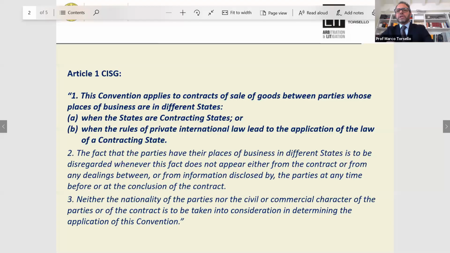It may be useful to pause briefly on Article 1, which is in slide number 2, which reminds us in Article 1.1, letter A and letter B, of the grounds for applicability of the CISG before national courts. But that is because the CISG is already present as part of the law of the forum in that court, a situation which is not reproduced in the same way before arbitral tribunals.